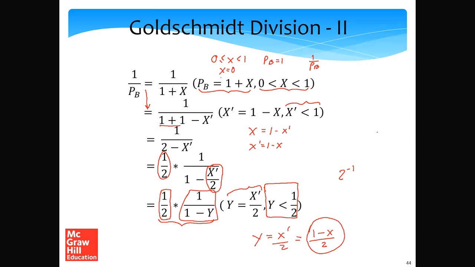So for example, 6 divided by 2, or 6 times half: 6 is 110. If I'm dividing by 2, it's the same as right shifting this by one position. So the result is 11, which is 3. So this half is not a big deal. Even multiplying a binary number with half is the same as right shifting. The difficulty lies in computing 1 by 1 minus y. If we can do that quickly, we are done.